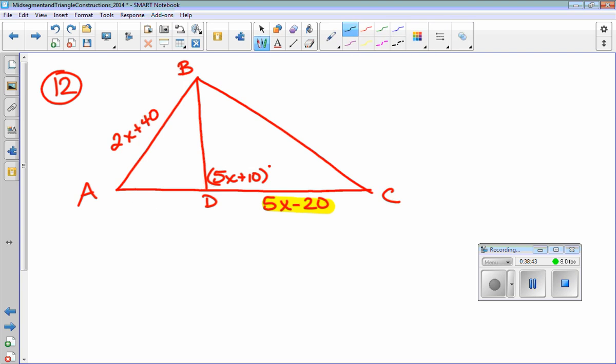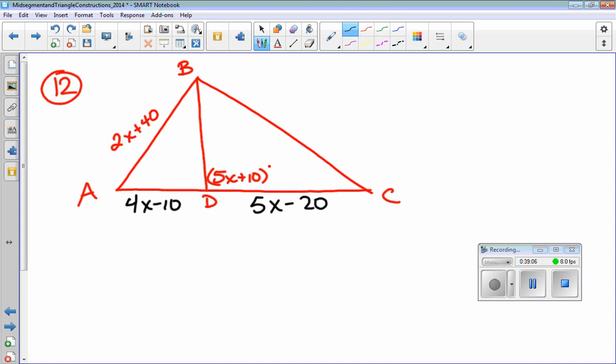What does it say that BD is? An altitude. So these two things that I'm writing here in black, the 4x minus 10 and the 5x minus 20, have nothing to do with an altitude, unless it's an isosceles triangle, which we're not told either. What does have something to do with an altitude? Sophia?